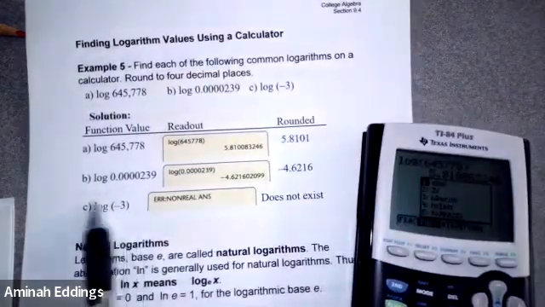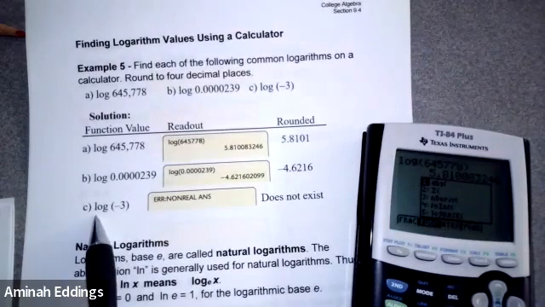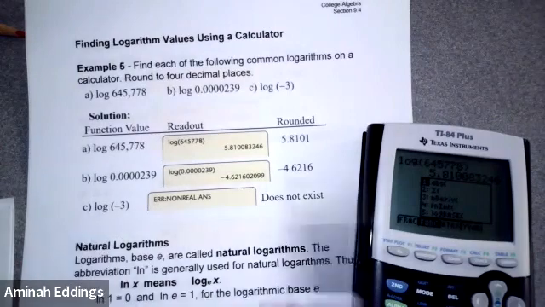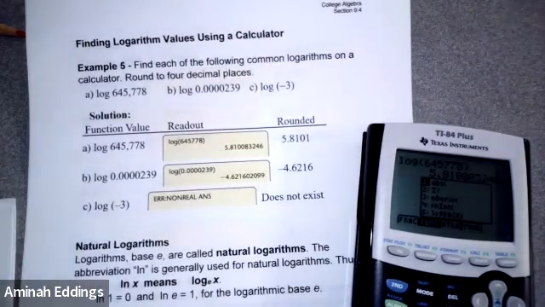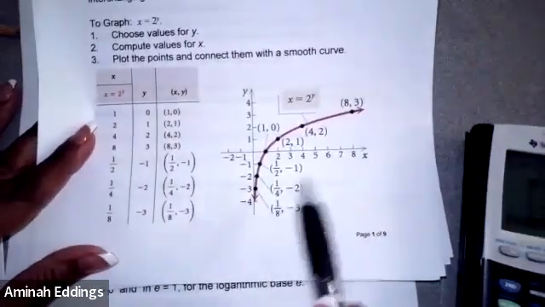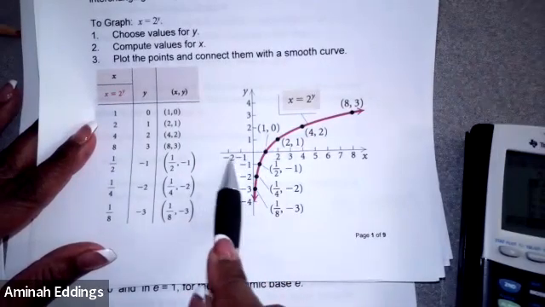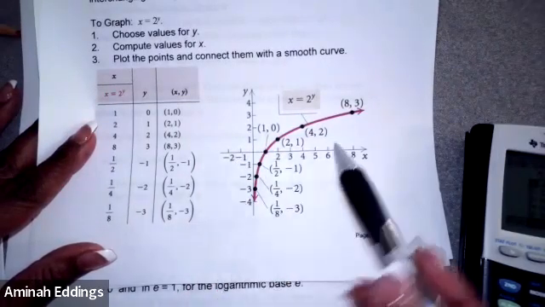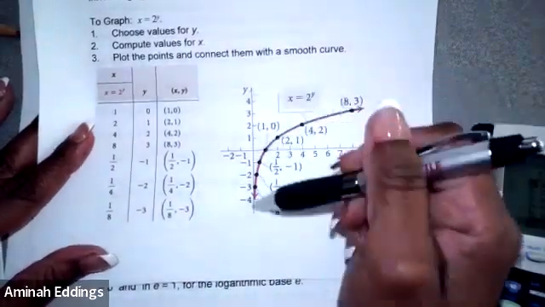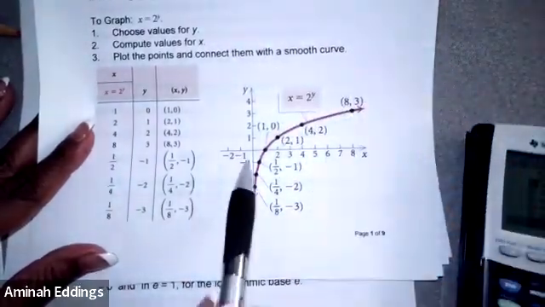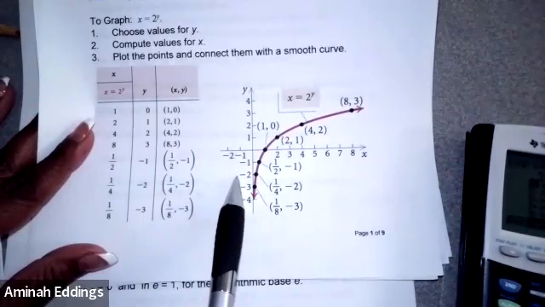Another thing that I want you to take into consideration, we cannot take the log of a negative number. Okay, if we go back and look at our graph, can X be negative? Is the graph over here? No. Okay, we have an asymptote at the y-axis. So that means negative numbers are not in our domain.